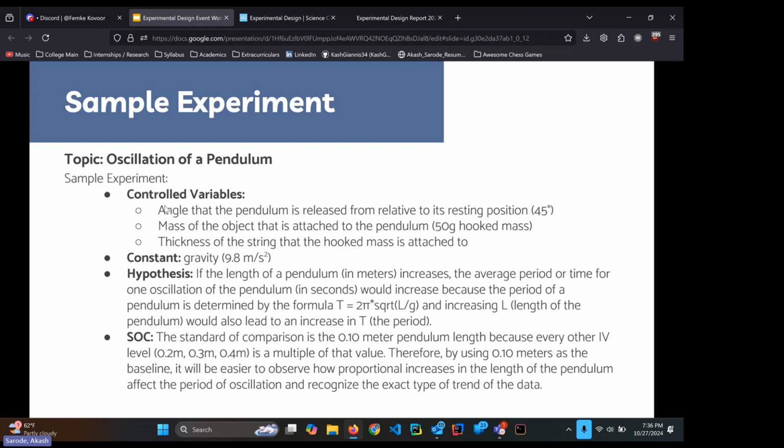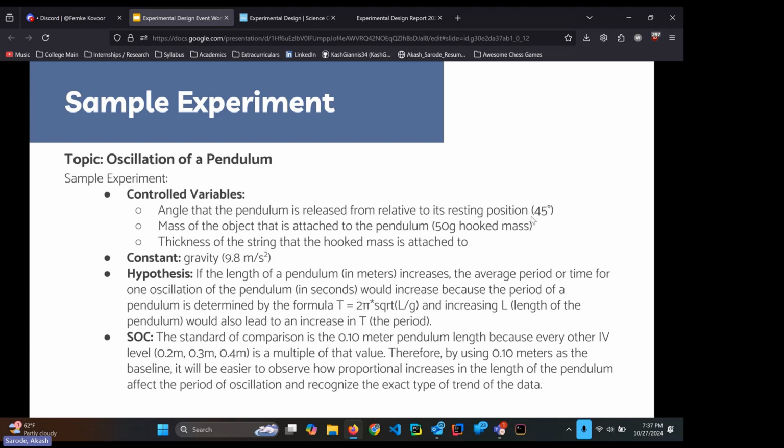And for controlled variables, here are the controlled variables that I came up with. Something you want to keep in mind is that you want to make sure the things you come up with actually have an impact on the experiment if you didn't keep them the same. So for example, the angle that the pendulum is released from relative to its resting position.